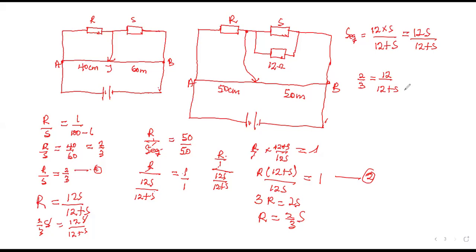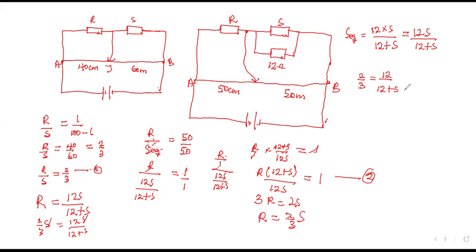Another question. The wire AB shown in the diagram below is 400 centimeters long.